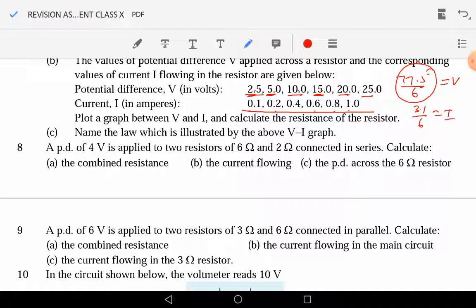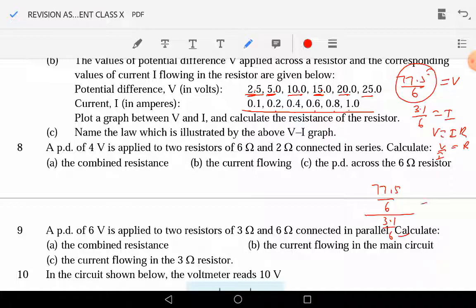So that will give us the average value, and then we can find out the average value of resistance from here. So we all know V is equal to IR, R is equal to V upon I. Let us put the average value: 77.5 divided by 6, I is 3.1 divided by 6.